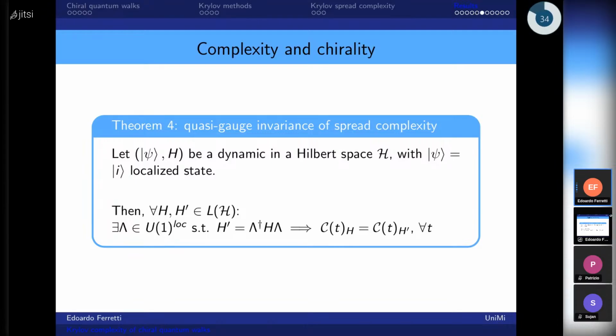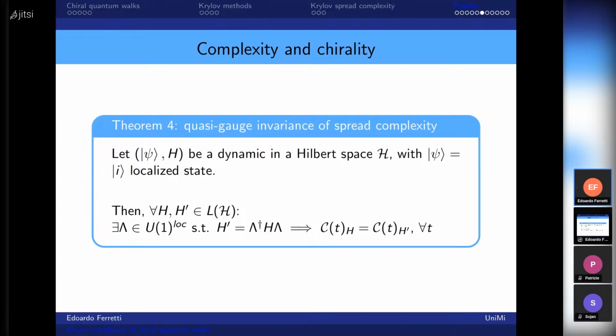And the last theorem I found, which might seem similar, might seem the same as the previous one, but it's actually quite different, is that we have quasi-gauge invariance of spread complexity, remembering what a quasi-gauge transformation was, which was a local rotation by a phase of the basis of nodes in a graph.